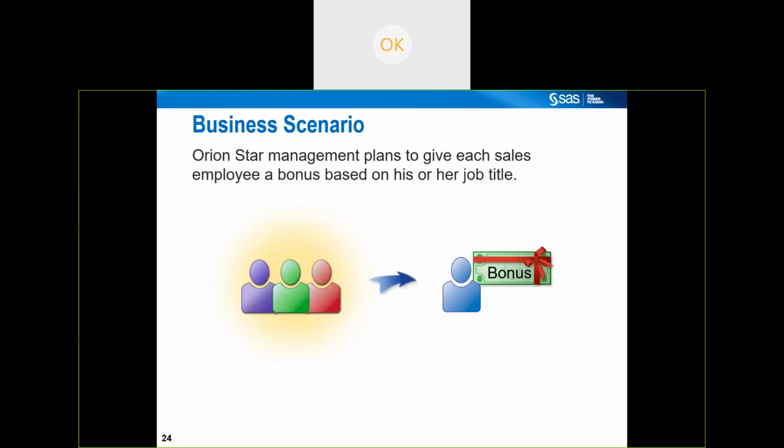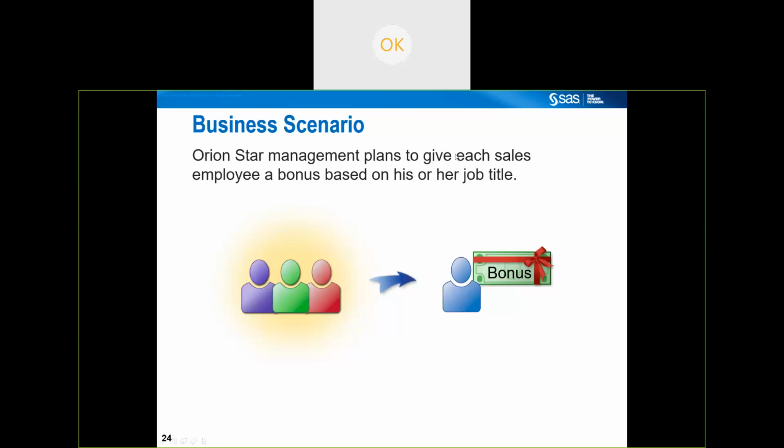For this kind of variable, sebelum ni kita gunakan assignment statement bonus equals. But job title is a categorical variable, so kita tak boleh gunakan less than or larger than.